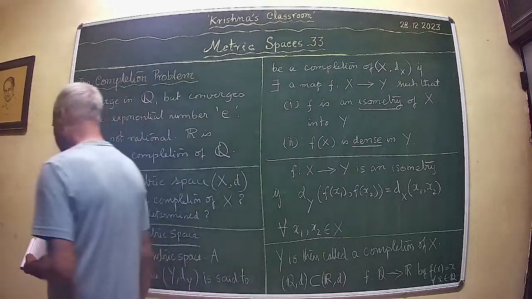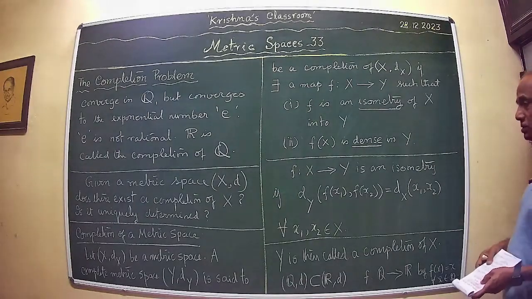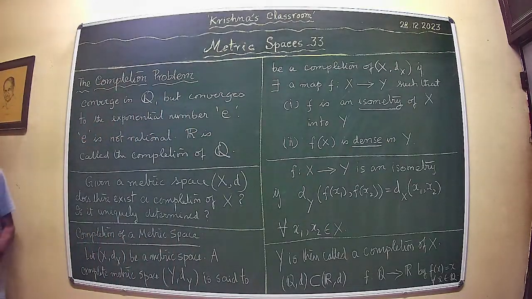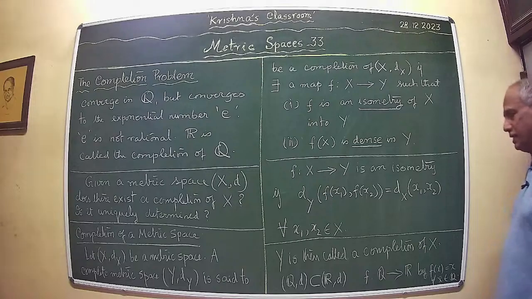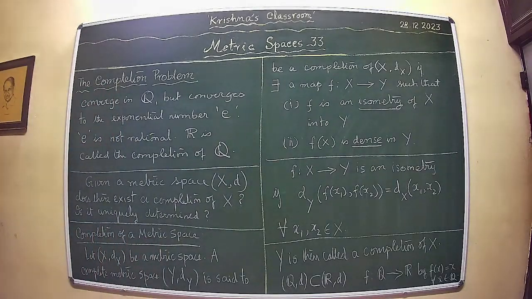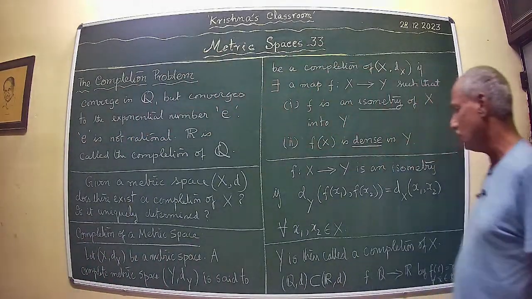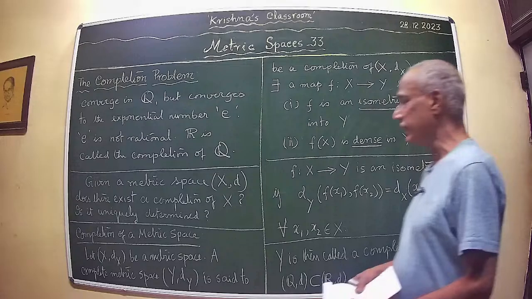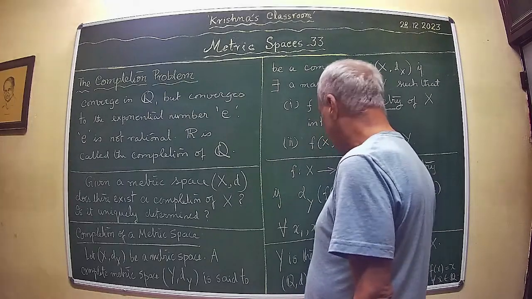Further, what you have is that Q is dense in R. Okay. So we can approximate every element of R by a sequence in Q. In other words, we obtain that all Cauchy sequences in R converge in R, whereas all Cauchy sequences in Q may not converge in Q, but they will converge in R. So R is the completion of Q. Okay, so R satisfies all the conditions that we have set for R to be a completion of Q.